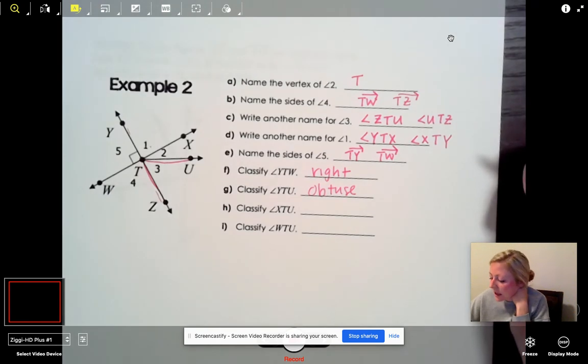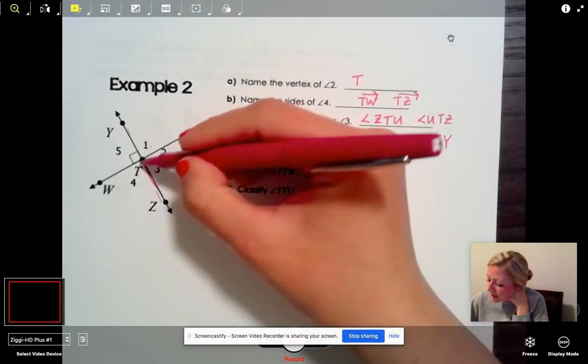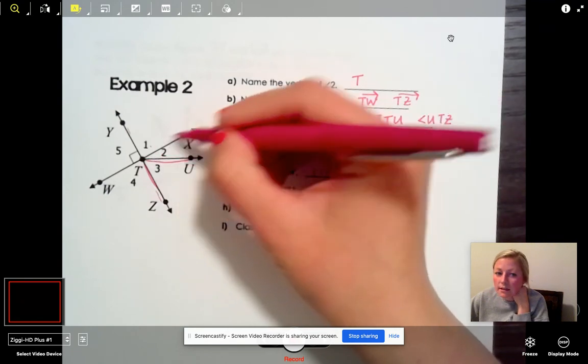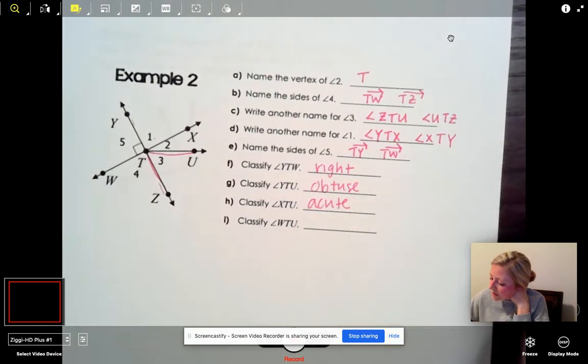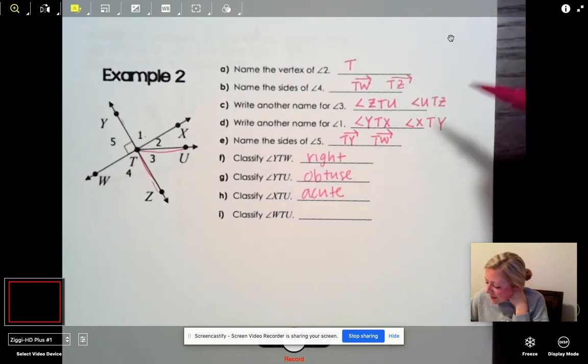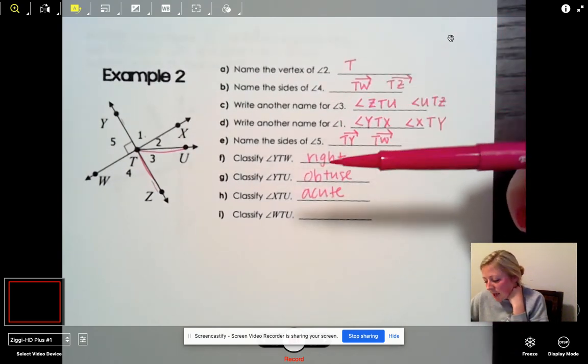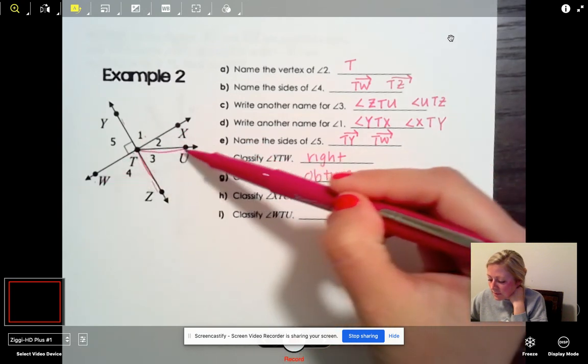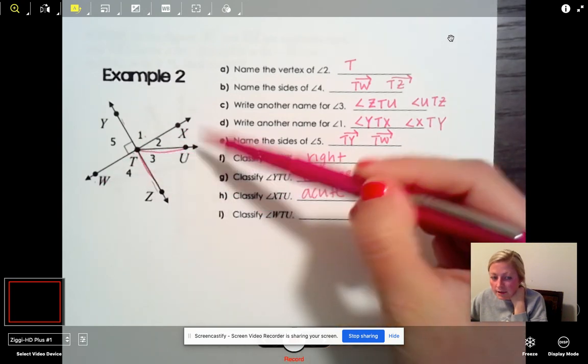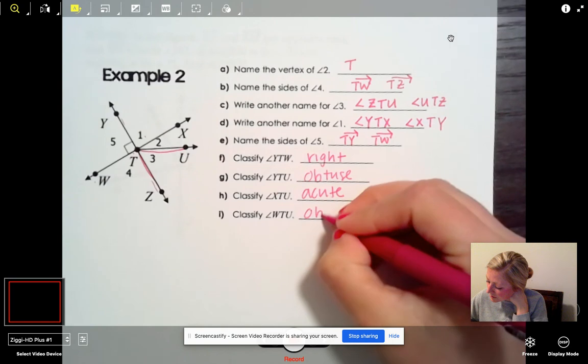Classify angle XTU. Just that little angle 2 there, which is acute. And our last example, classify angle WTU. WTU is this big guy here of 3 and 4 together, which makes it obtuse.